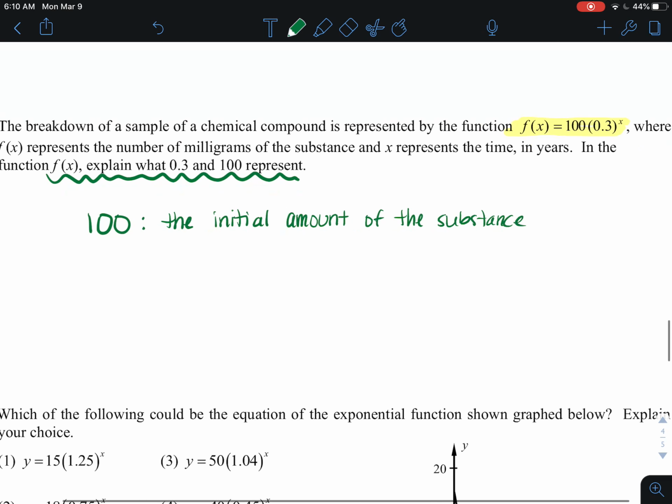Now, if I take a look at the 0.3, well, it tells me that it's actually decaying, but 0.3 is my multiplying factor, is what I meant to say. So 0.3 we're going to call the multiplying factor.